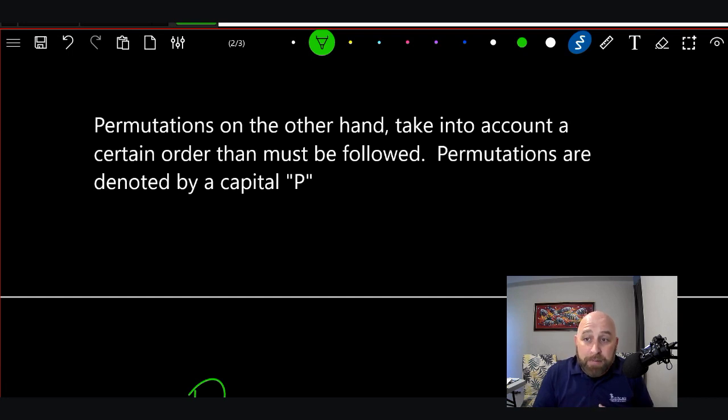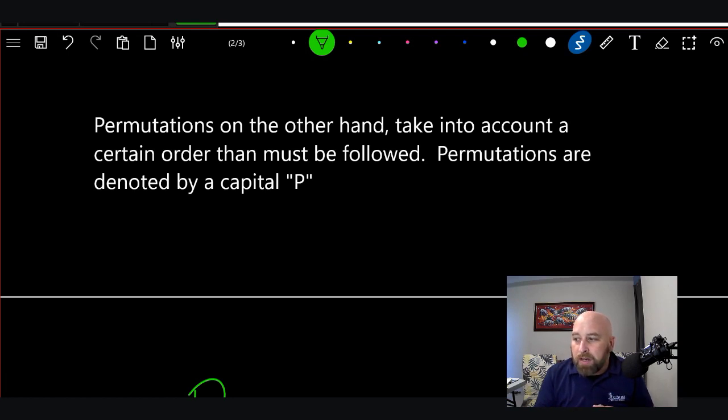In the Olympics, when you have participants competing, there are 3 medals: a gold, a silver, and a bronze. And it matters which order. If you win, you get the gold medal. You don't get the silver medal, okay? If you come in second, you get the silver medal. And if you come in third, you get the bronze medal. So in other words, there's an order to it, okay? It's a ranking. And so that's permutations.